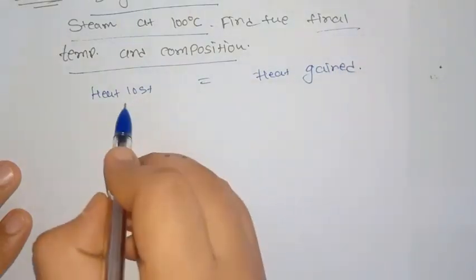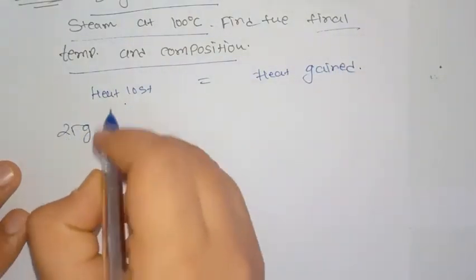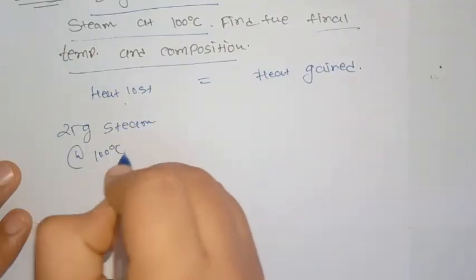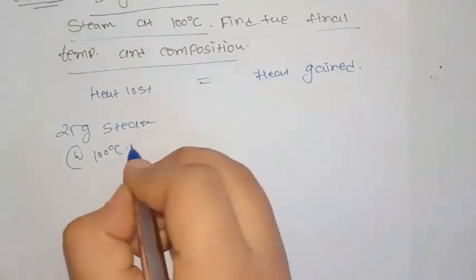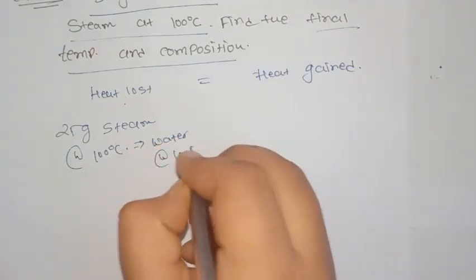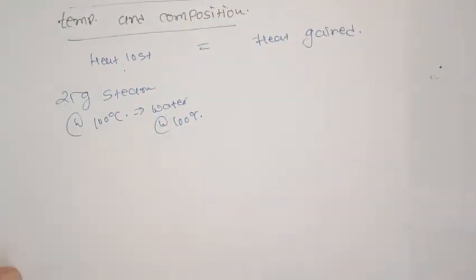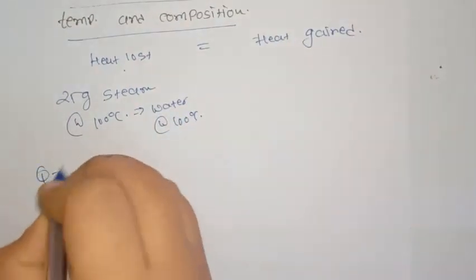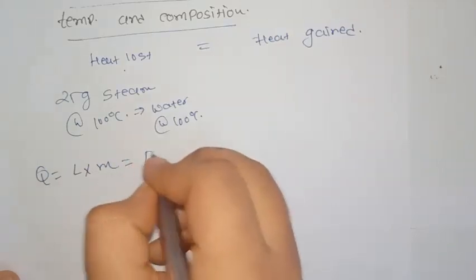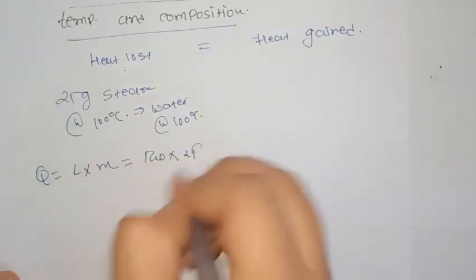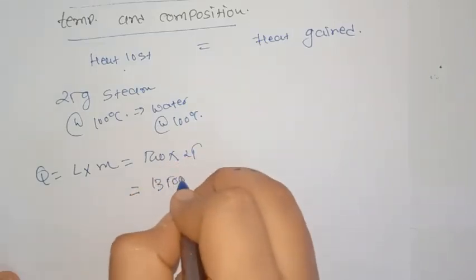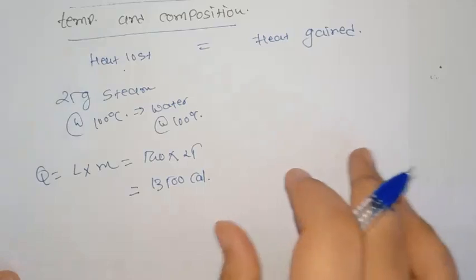Here, heat will be lost by 25 gram of steam at 100 degrees Celsius. First, it will be converted into water at 100 degrees Celsius. By doing so, it will release some heat, that is Q is equal to L into M. So 540 into 25, that will be equal to 13500 calorie.